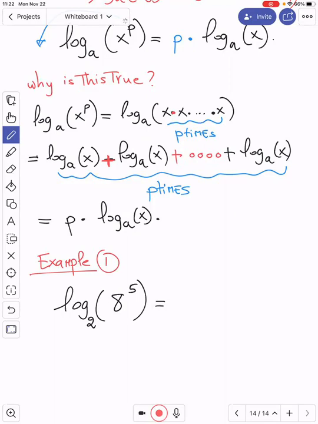So what I'm saying is that we can move the power to the front. This exponent, you can move it to the front here. So that'll be 5 times log in base 2 of 8.